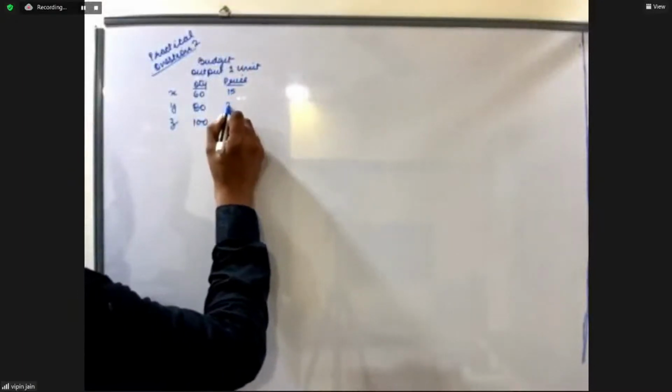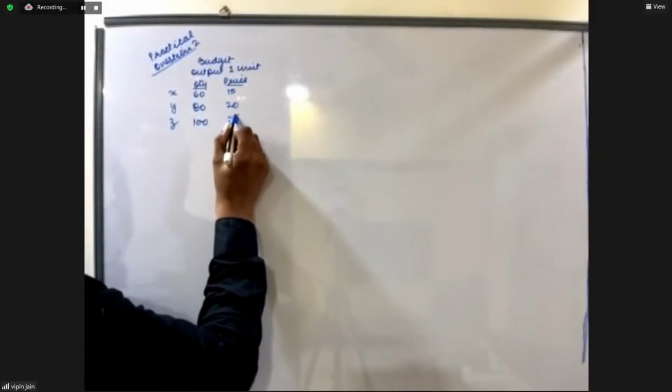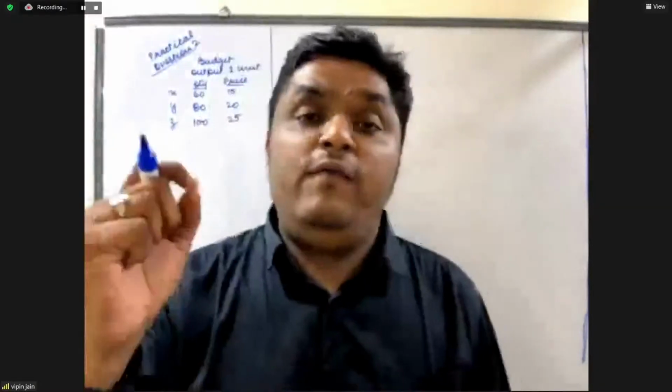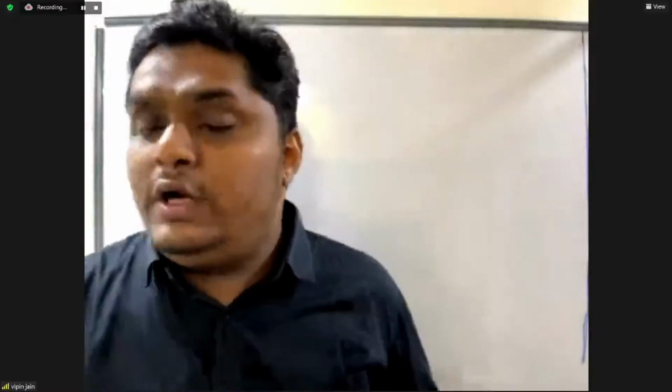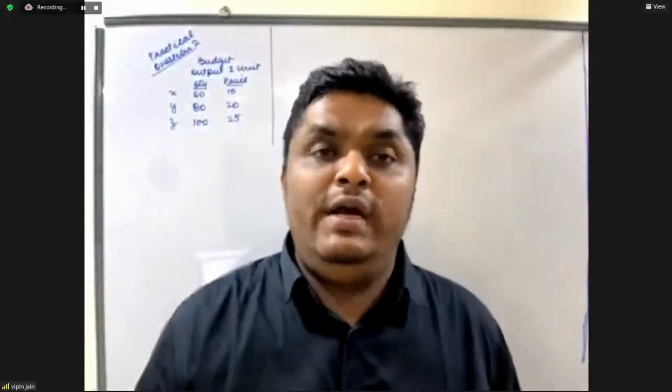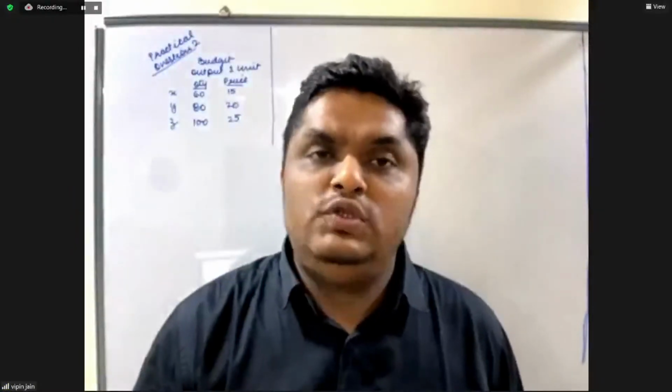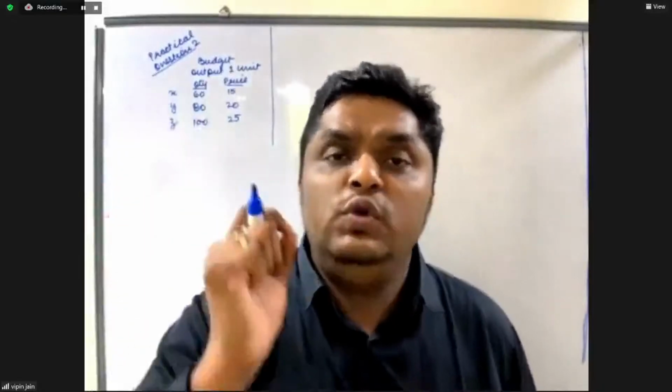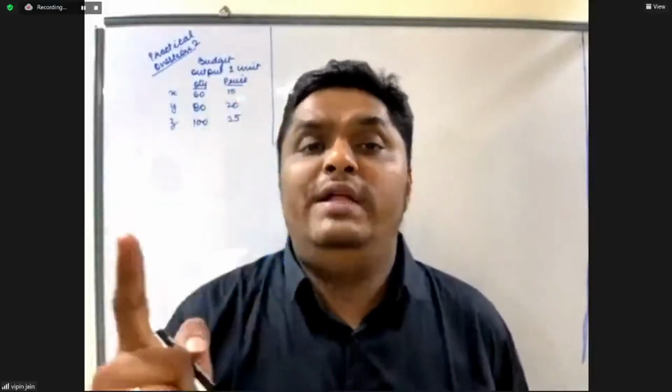About the price, it is 15, 20, and 25. This is the data given for 1 unit of output. So the total inputs are 240 units. That is, the total input of raw material is 240 units. From this 240 units, we are getting 1 unit as output.